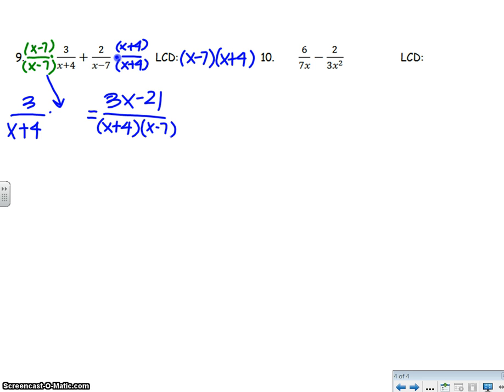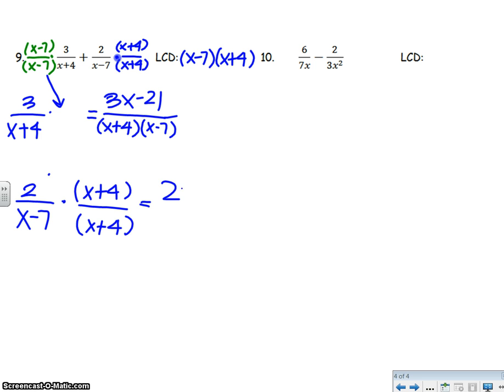Doesn't matter which order you write those two binomials in. And for our second fraction, we'll do 2 over x minus 7 times x plus 4 over x plus 4. We'll distribute our numerator: 2x plus 8 over x minus 7 times x plus 4.